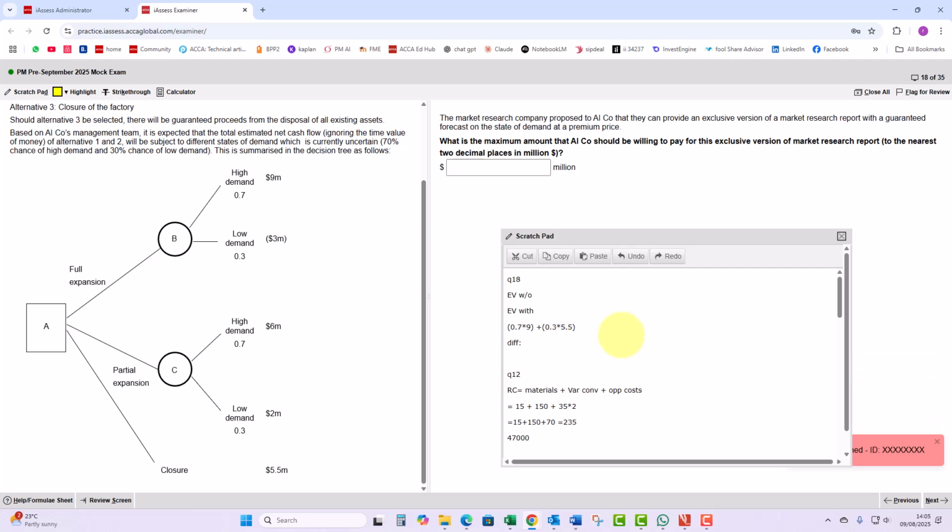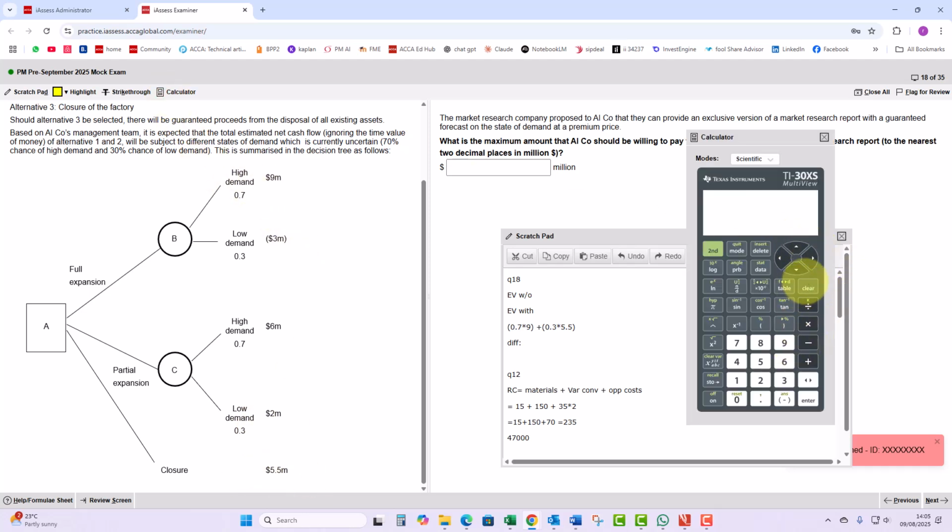So that's the calculation we need to do, 0.7 times 9 and 0.3 times 5.5. I suspect a lot of students did 0.3 times 2 if they got this wrong. But remember, we would always choose the one that gives us the highest outcome financially. So it's 0.7 times 9 plus 0.3 times 5.5, which is 7.95.